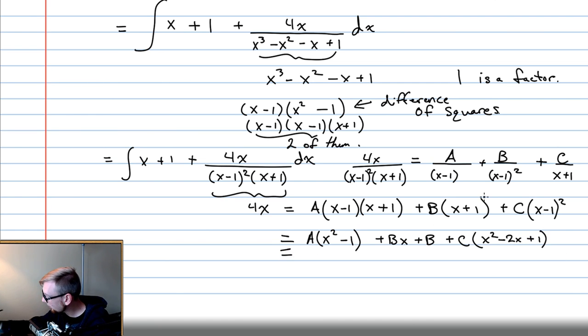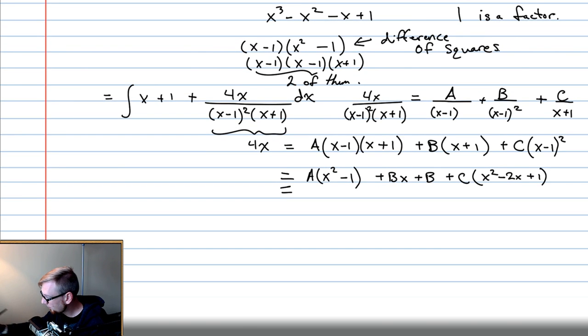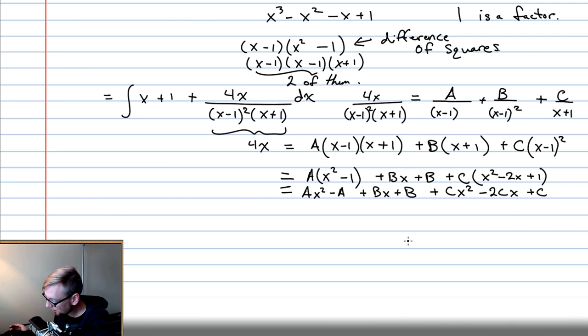Write it all out again: we've got a x squared minus a, because you distribute it. Then plus bx plus b. And plus c times x squared, because we're distributing the c, minus 2cx plus c. All of this added together has to equal 4x.